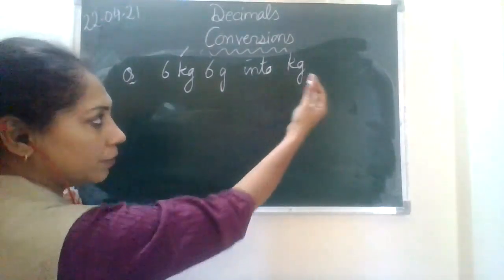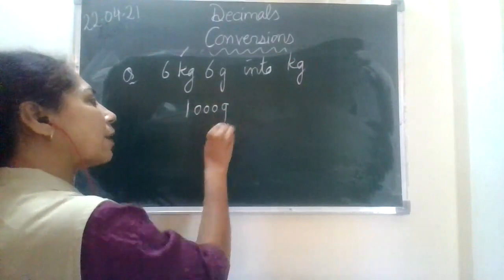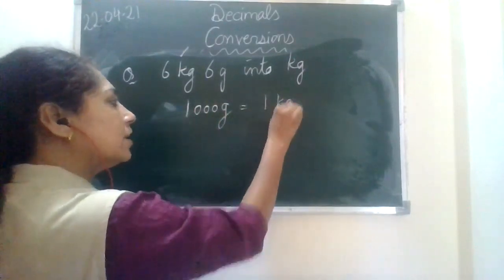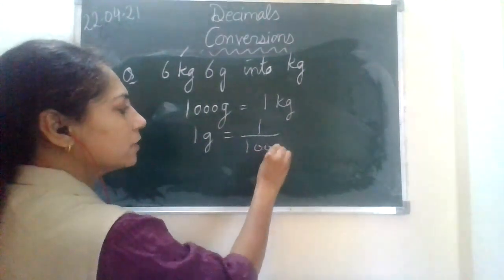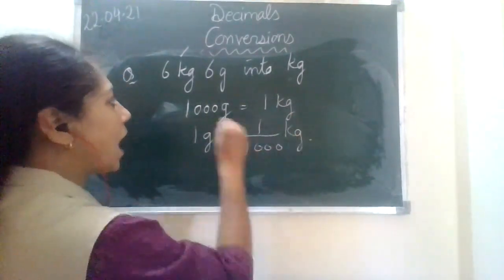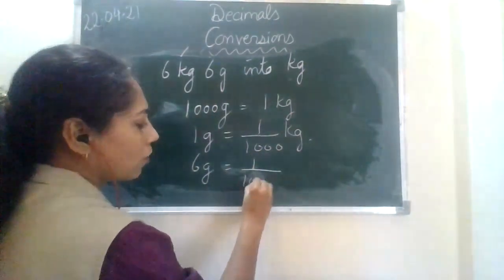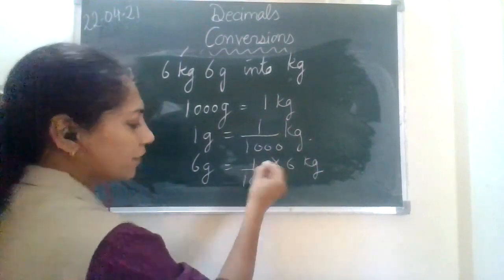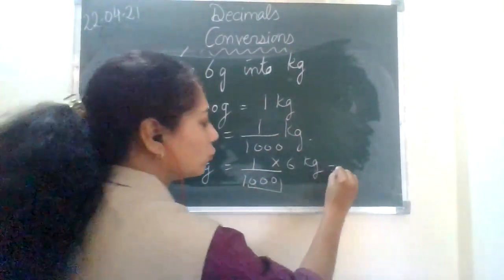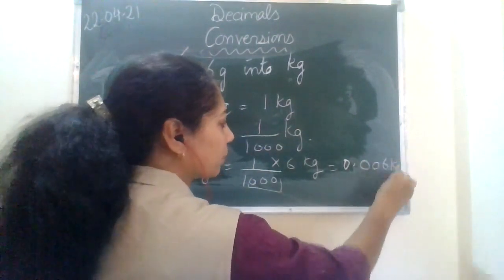To convert into kilogram, you will keep that on the right hand side. 1000 grams equals 1 kg. 1 gram equals 1/1000 kg, and 6 grams is equal to 1/1000 into 6 kg. Since there are 3 zeros, you will place the decimal: 0.006 kg.